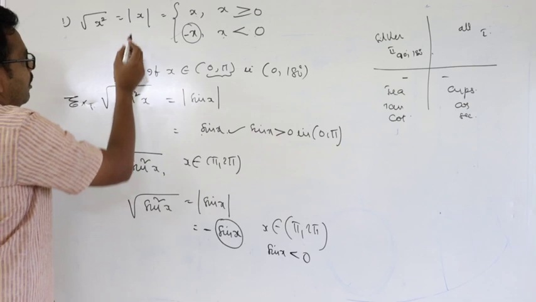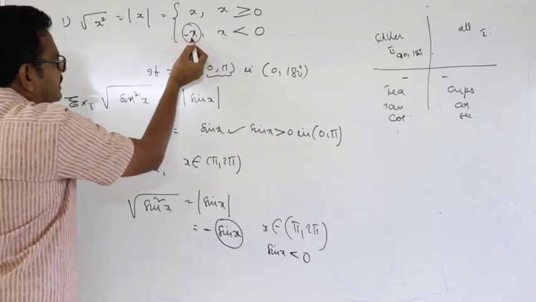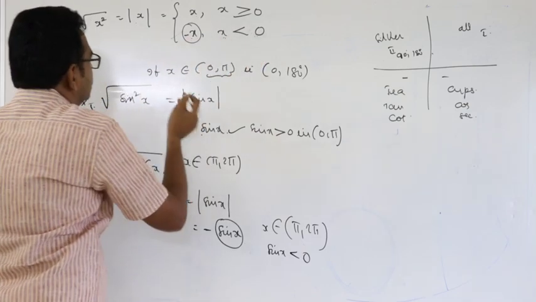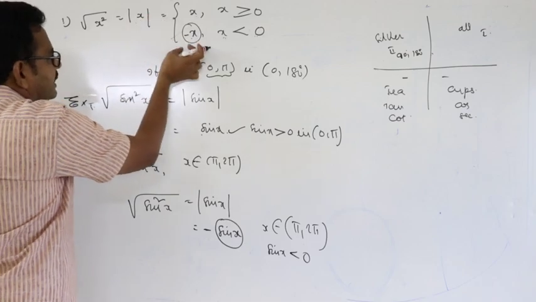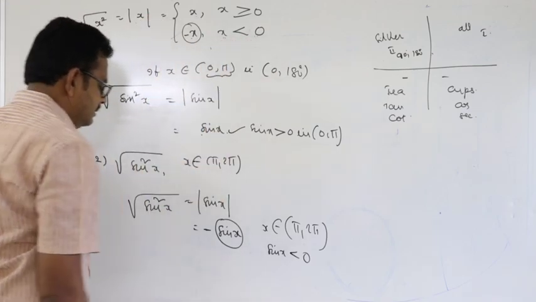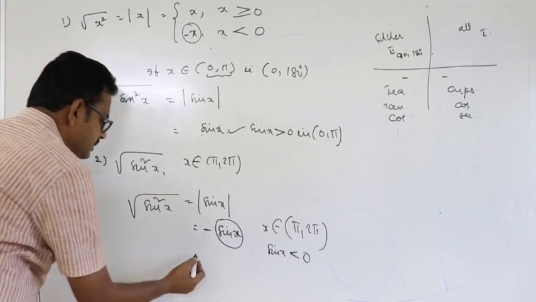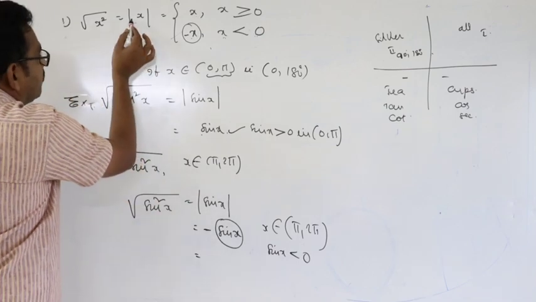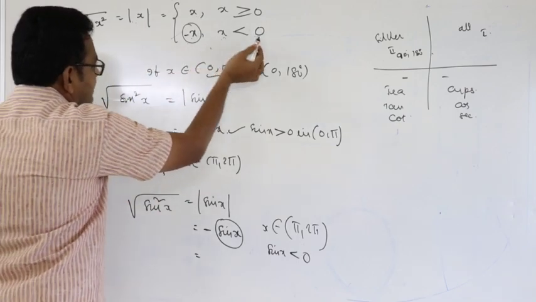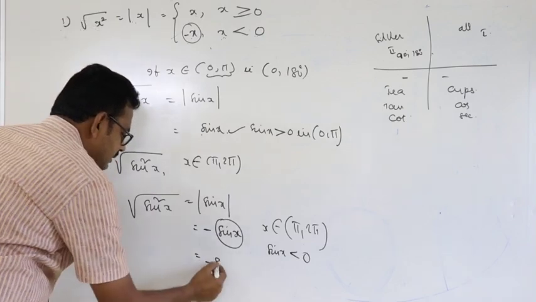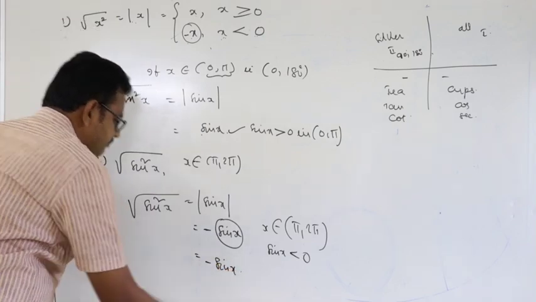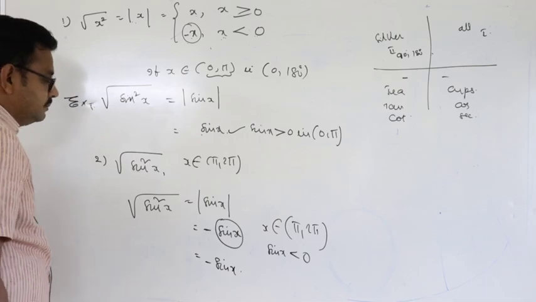According to the definition, mod x is equal to minus x if x is less than 0. Therefore, that is minus sine x.